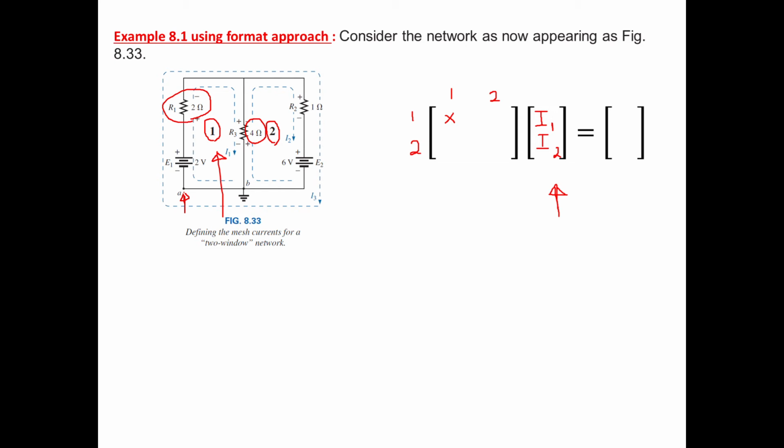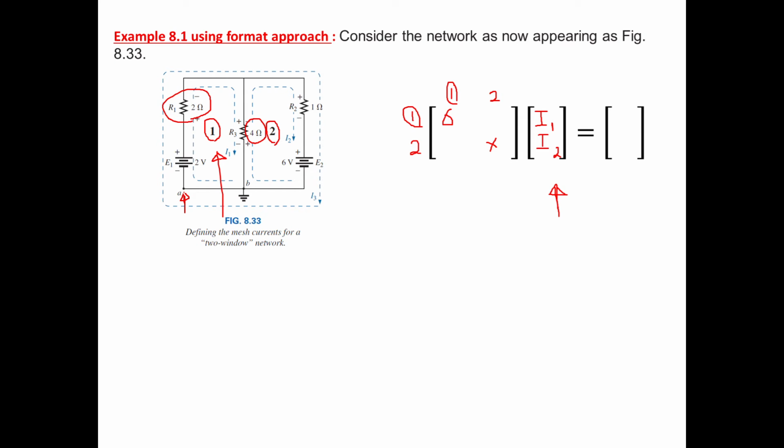So you write 6 here. Why did you write 6 here? Because the first rule states sum of the resistance. 1, 1 means please go to mesh 1, add all the resistances in the mesh 1. So 2 plus 4 is 6. The next element that I am going to fill is 2, 2.